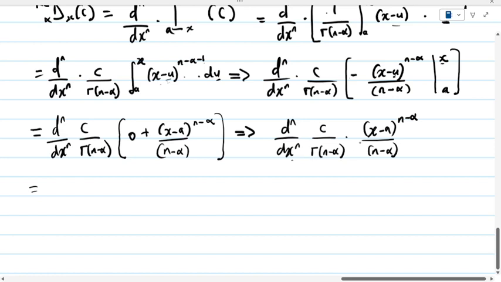We are going to take those constants outside, that is c over (n minus alpha) gamma of n minus alpha, then we have d^n over dx^n of (x minus a) to the power n minus alpha.